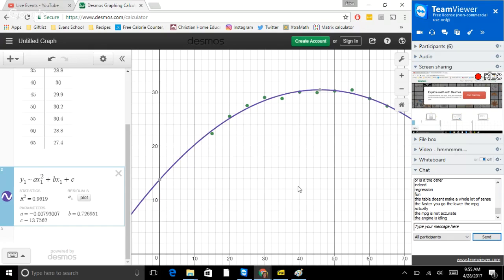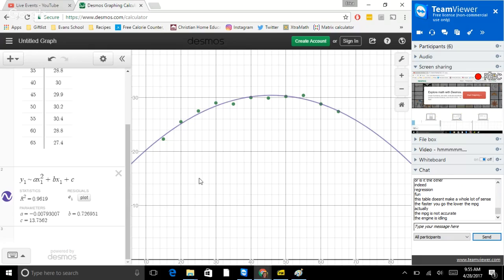So we have to have some parameters within my curve here. Between 15 and 65, I probably have a pretty good prediction.